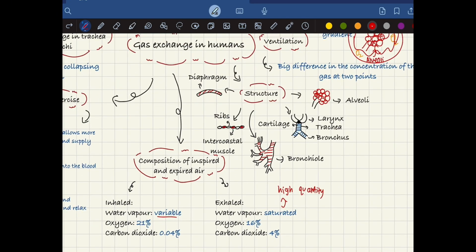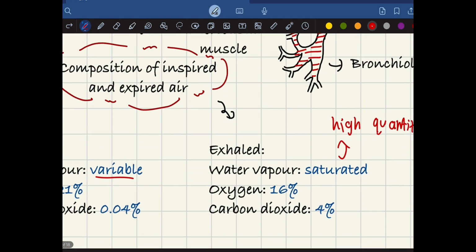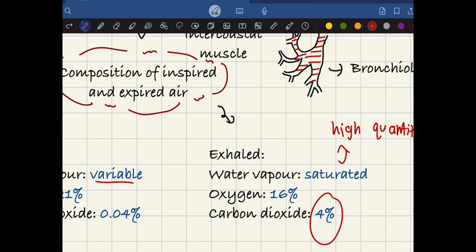The reason is that carbon dioxide is a waste product. After our body gives oxygen to all our organs, our body will release a waste product, which is carbon dioxide. This is why we have a higher concentration of carbon dioxide when we're exhaling.